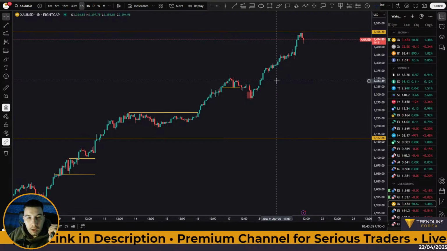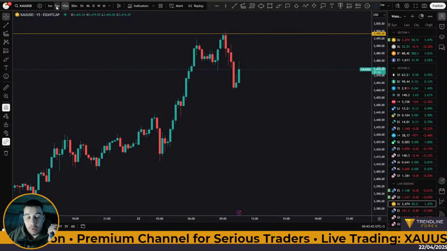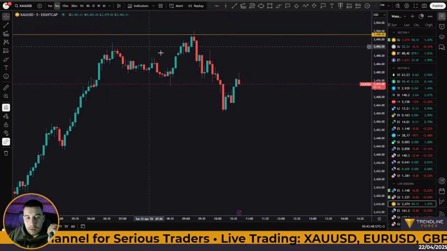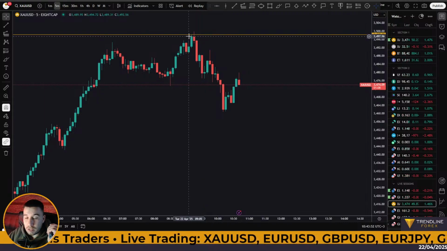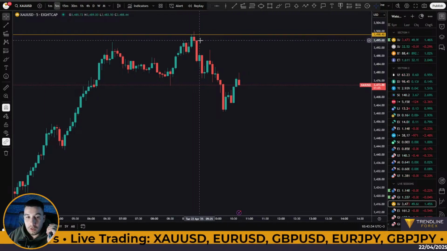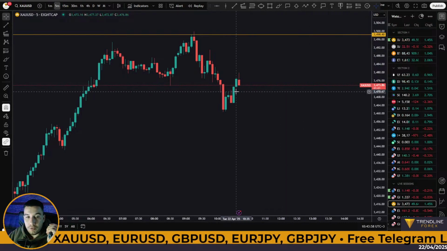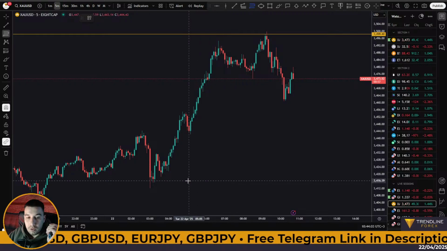Now remember that I am actually expecting a deeper pullback here on gold as well, which means on the lower time frames, I'm not looking to enter a long trade yet. Now obviously if we break above this resistance, we could start potentially looking to take a long trade on break and retest, for example. But for now, I actually think we're going to see a downside continuation.